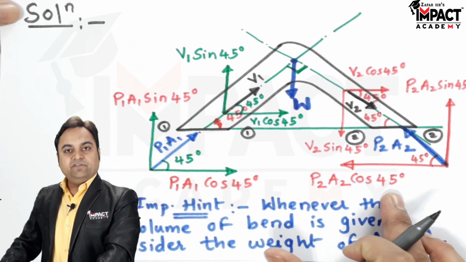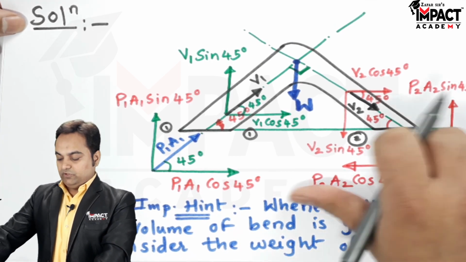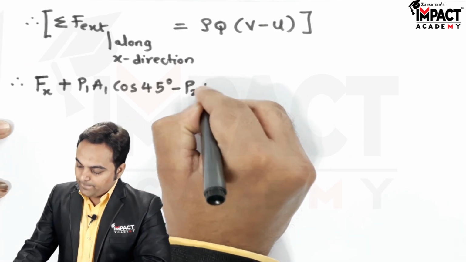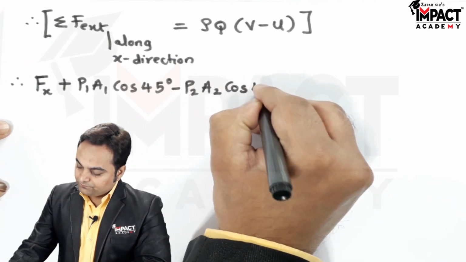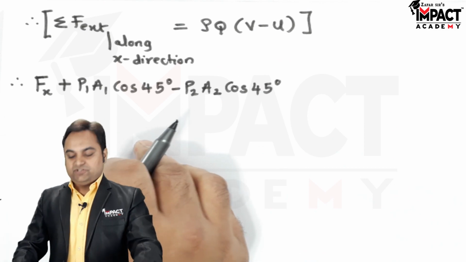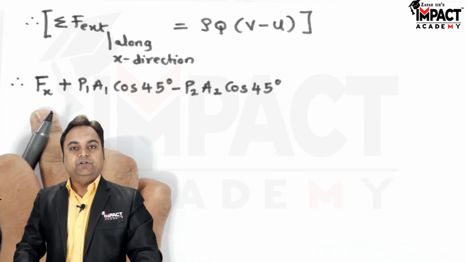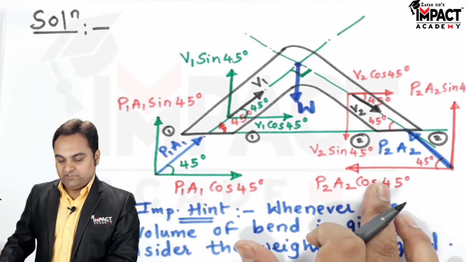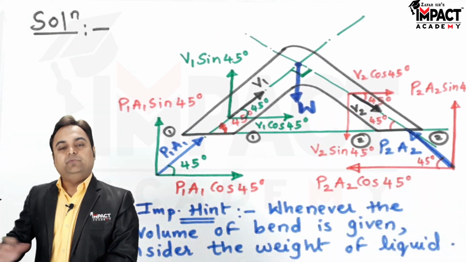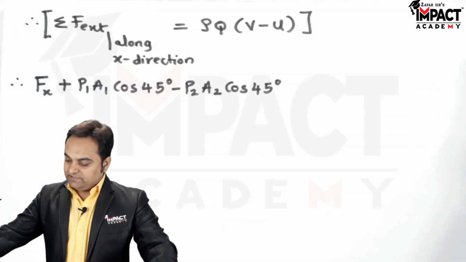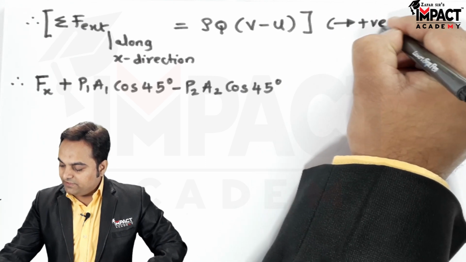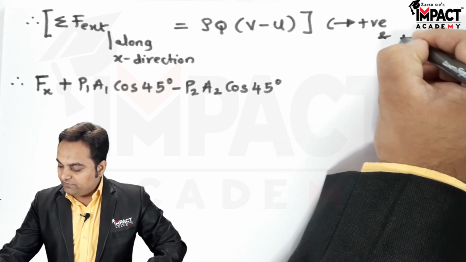The next pressure force is P2A2 cos 45, which is acting towards left, so leftward forces are treated as negative, so it is minus P2A2 cos 45. So these are the pressure forces which are present, and Fx is the component which we have to find out. Apart from that, we don't have any other horizontal forces. Velocities are there, but it would be there onto the right hand side. So next, and here I'll quickly write the convention. Rightward forces, I have taken them as positive and leftward forces as negative.